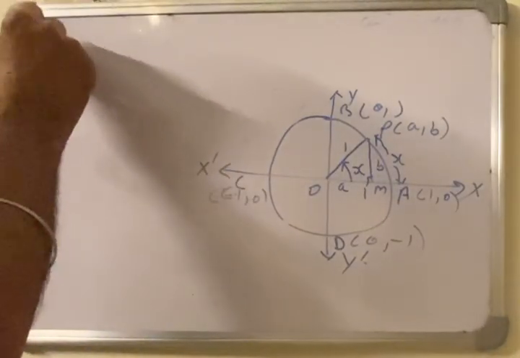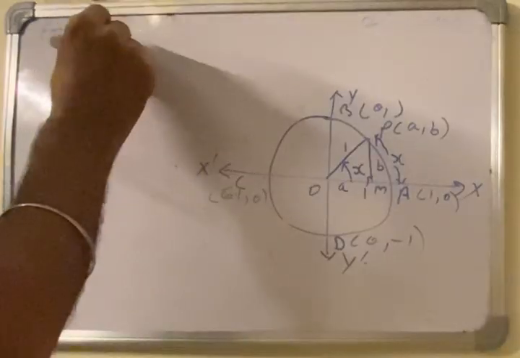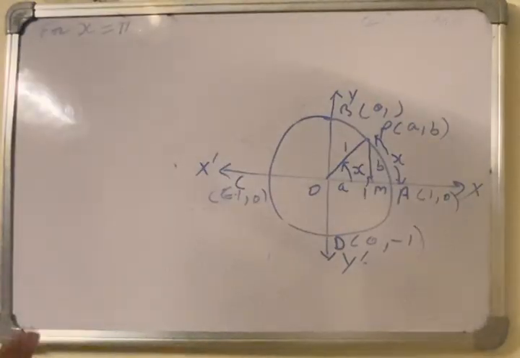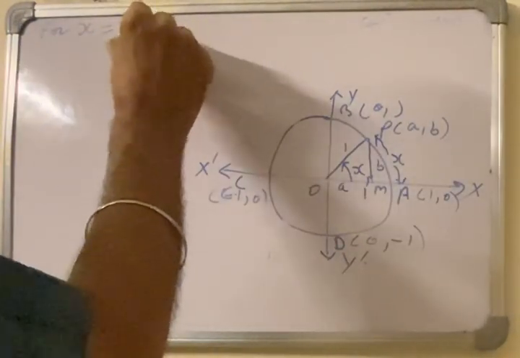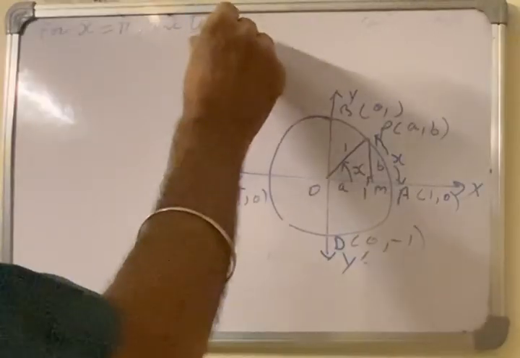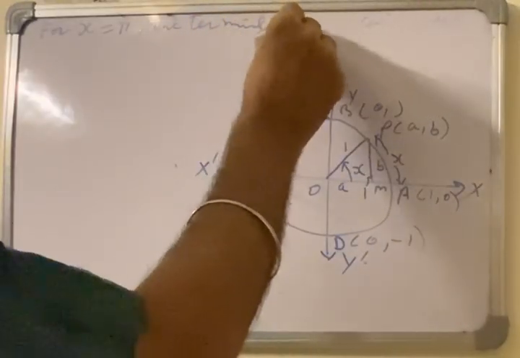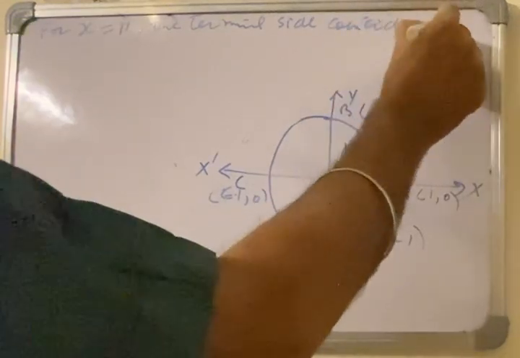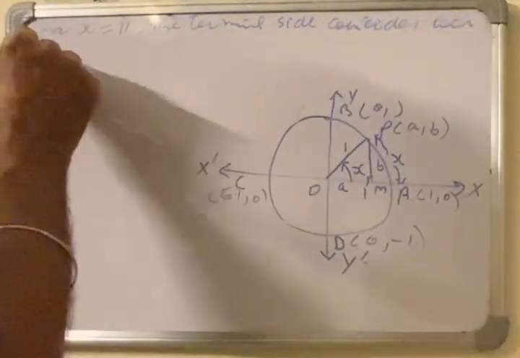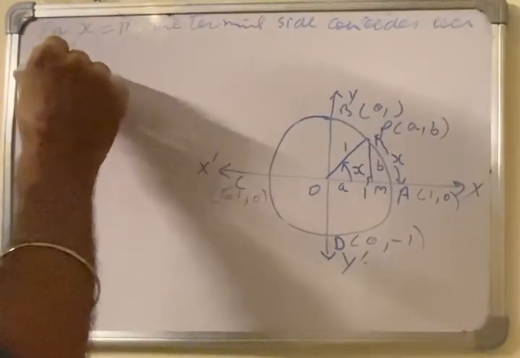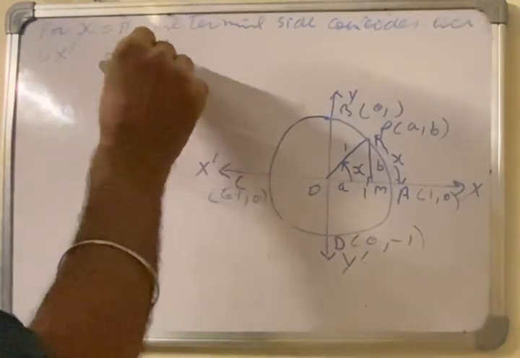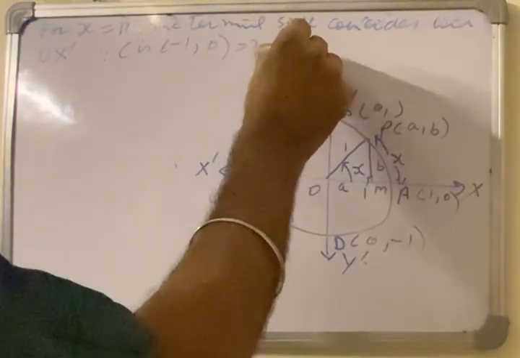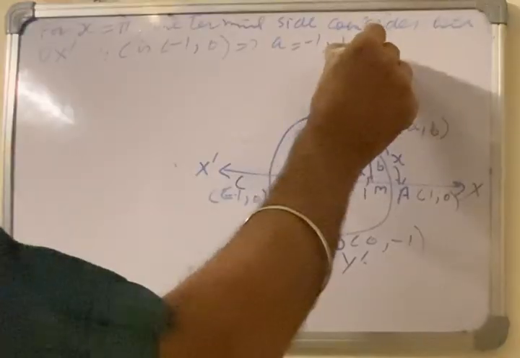For x is equal to pi, this angle AOC, the terminal side of the angle coincides with OX dash. Since C is (-1, 0), therefore a is -1, b is 0.